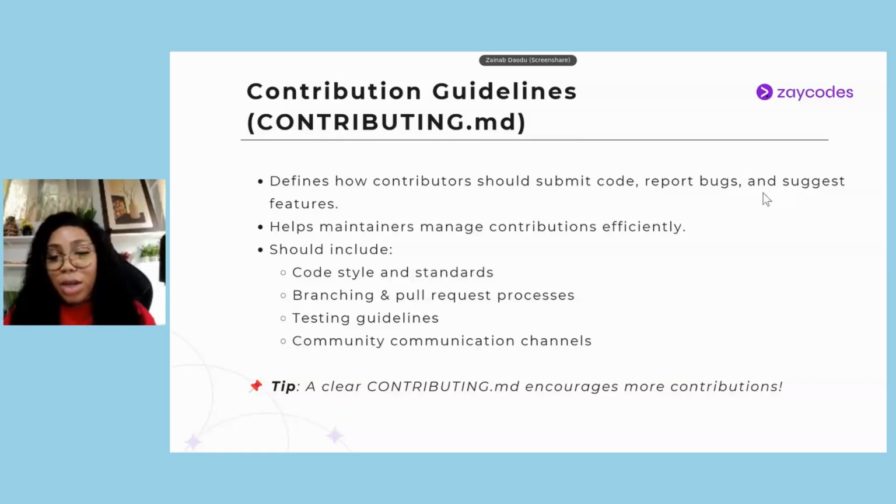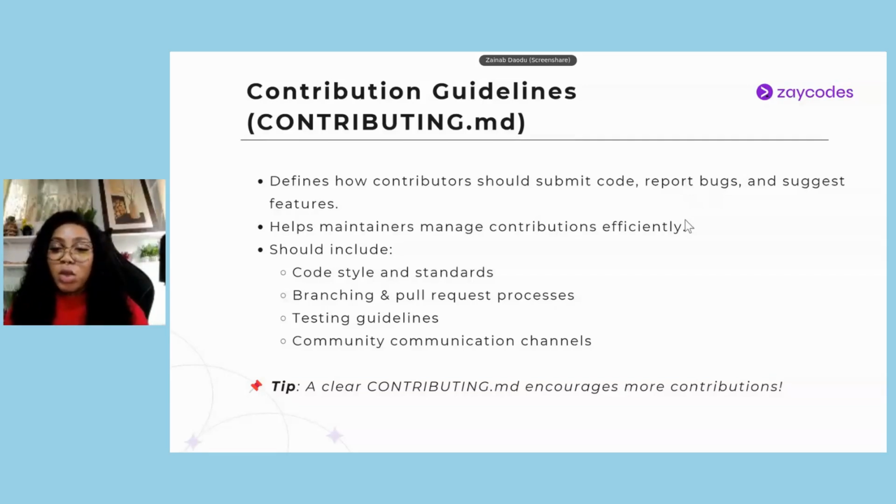Next, we have contribution guidelines, which tell people how to contribute to the project. This helps maintainers manage contributors well. You can always direct them to the contribution guidelines and not have to repeat the same thing over and over again. The contribution guidelines should include links to style and standards. How can they get started on contributing?